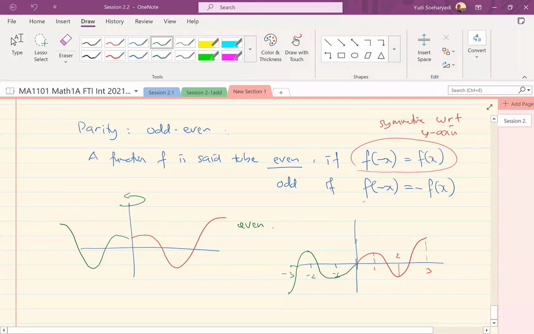So for the left-hand side, you reflect with respect to the y-axis and then reflect with respect to the x-axis. That's how you get the odd functions.